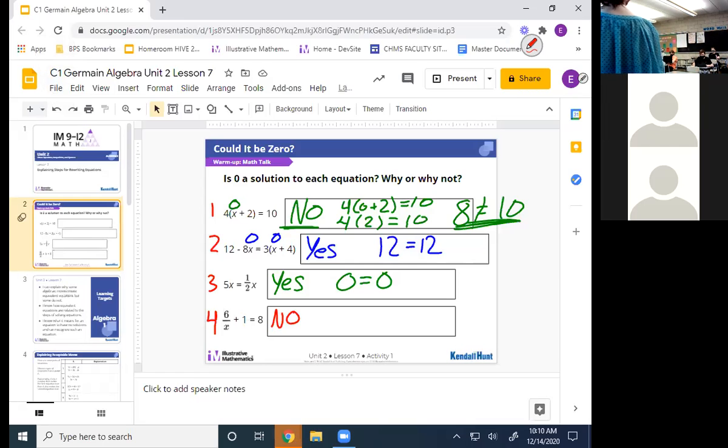Another, more accurate mathematical reason is that if you divide by 0, it's undefined, right? So an undefined plus 1 is still going to be undefined. So no, because it's undefined.